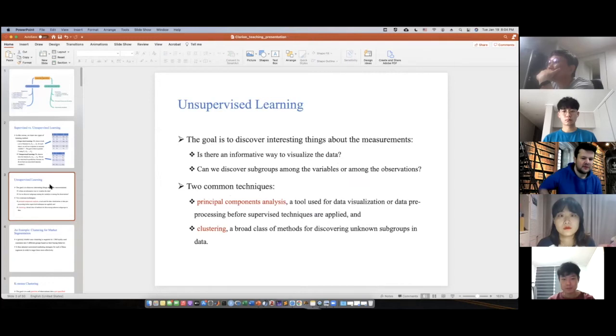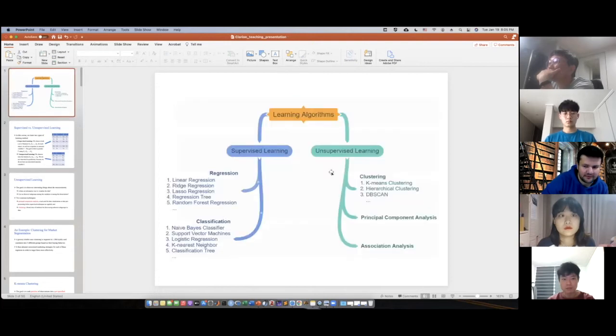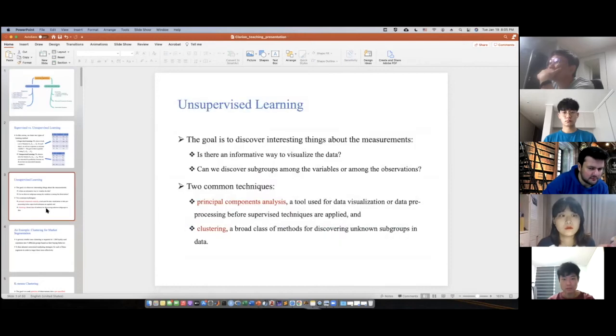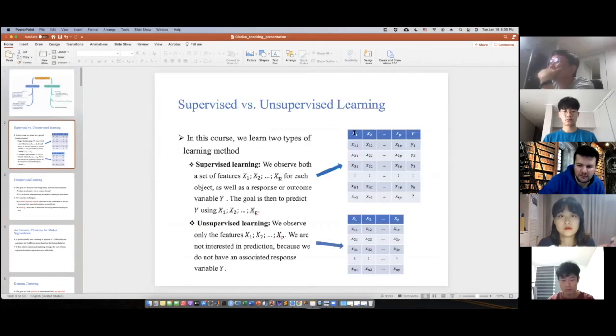There are two common techniques used in unsupervised learning: clustering and principal component analysis. Principal component analysis is a tool usually used for data visualization or data pre-processing before supervised techniques are applied. Technically, imagine you have many features in your data set.